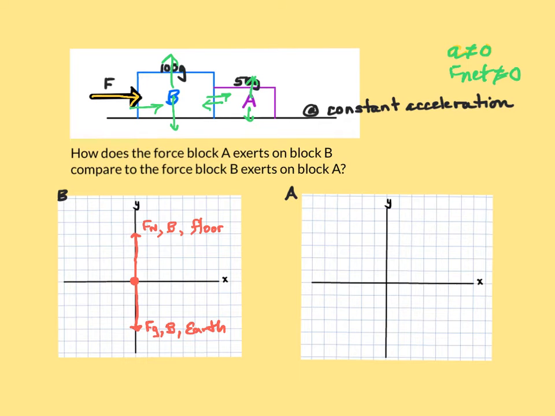And then there's going to be a normal force acting from A, so a normal force on B from block A. I think I drew that a little big, so let me draw that a little smaller.